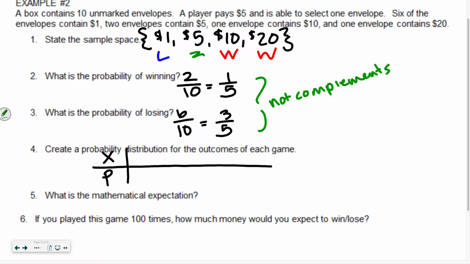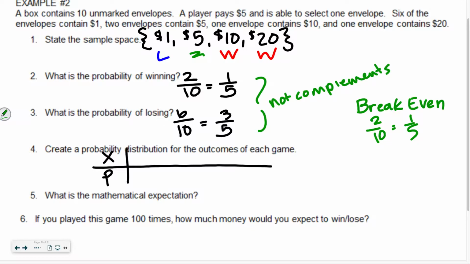If I walk up, I pay $5, and I get my $5 back, no, I didn't win, I didn't lose. It's all the same to me. So if I ask about the probability of winning and the probability of losing, you're not going to answer anything about breaking even. However, breaking even will show up in your probability distribution with a probability of 1/5.